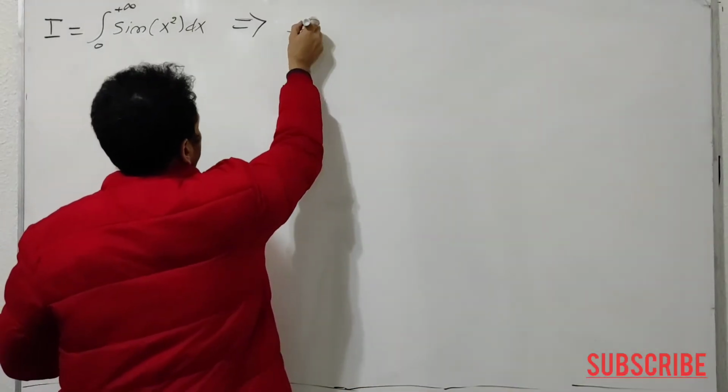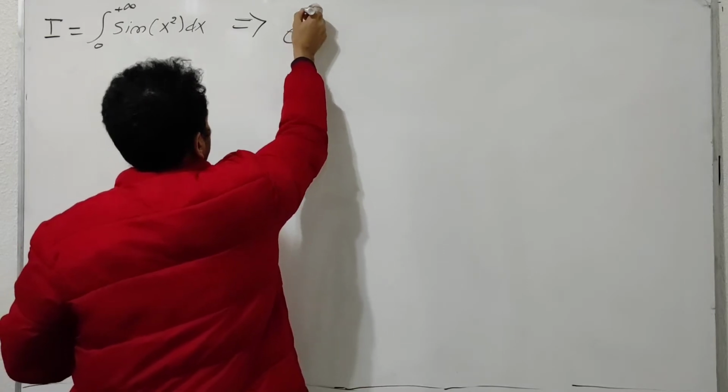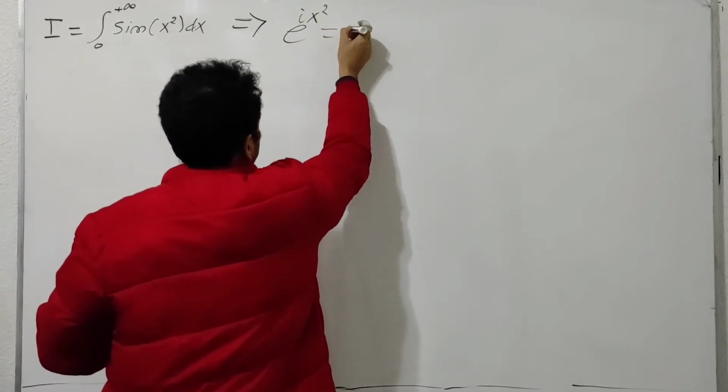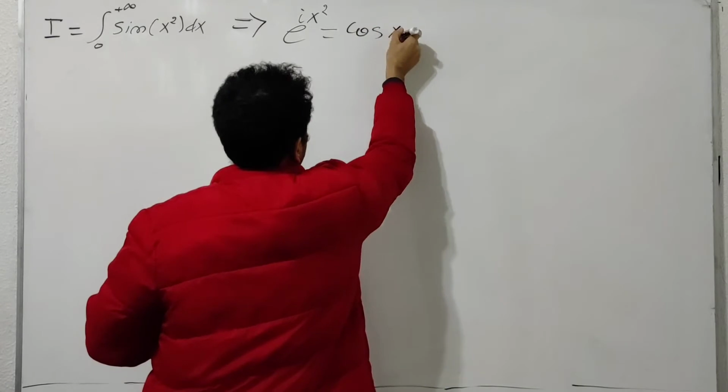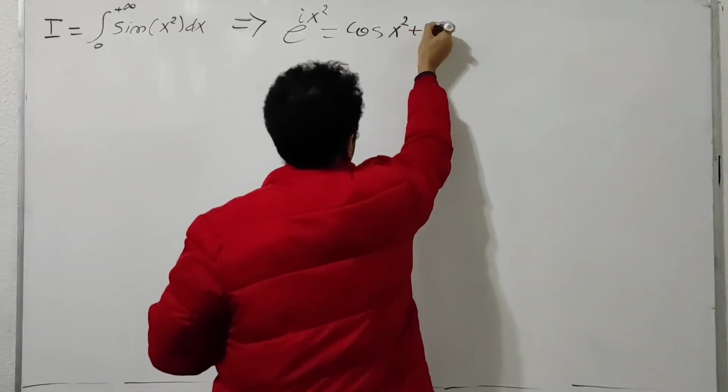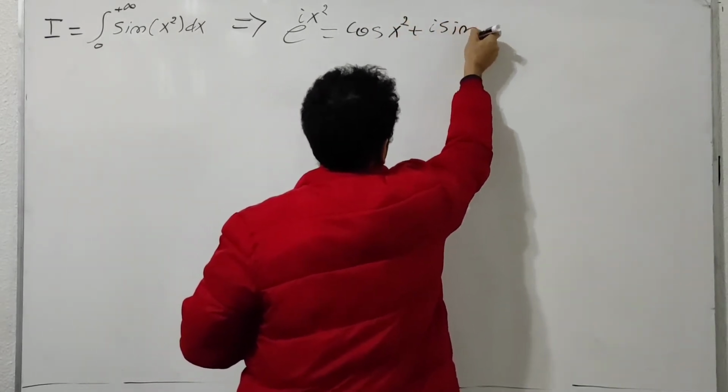From the Euler formula, we have e to the i x squared equal to cosine x squared plus i sine of x squared.